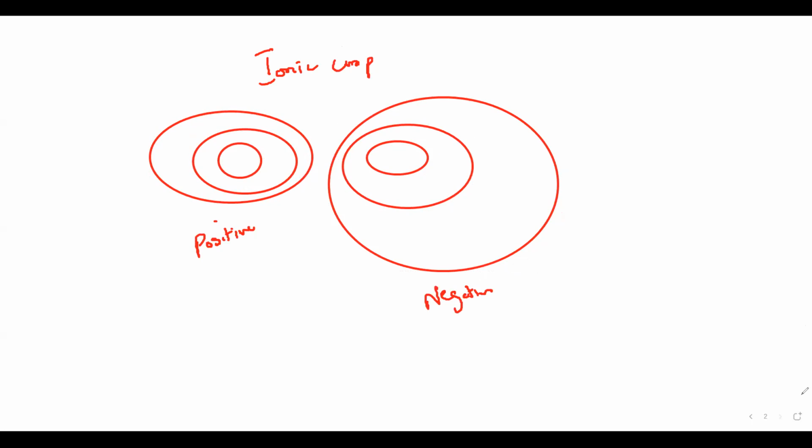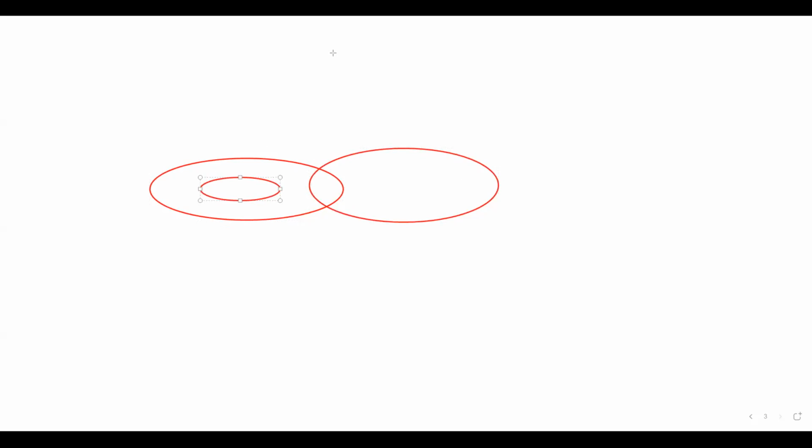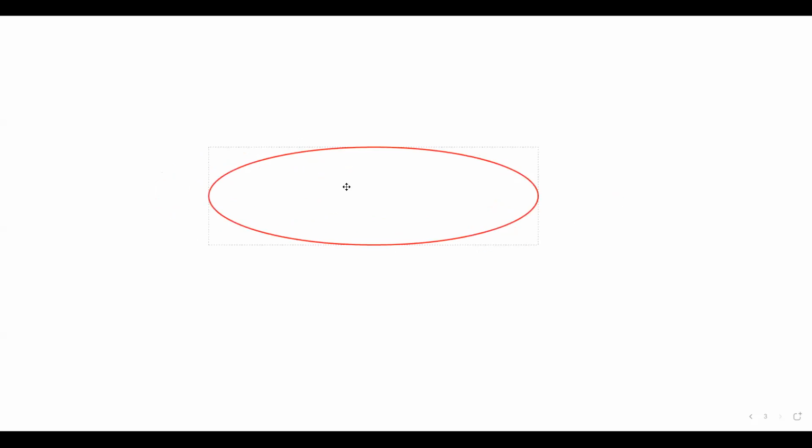But what about the covalent substances? What does the electron density map of a covalent substance look like? The maximum probability or chance of finding an electron is between the two nuclei.